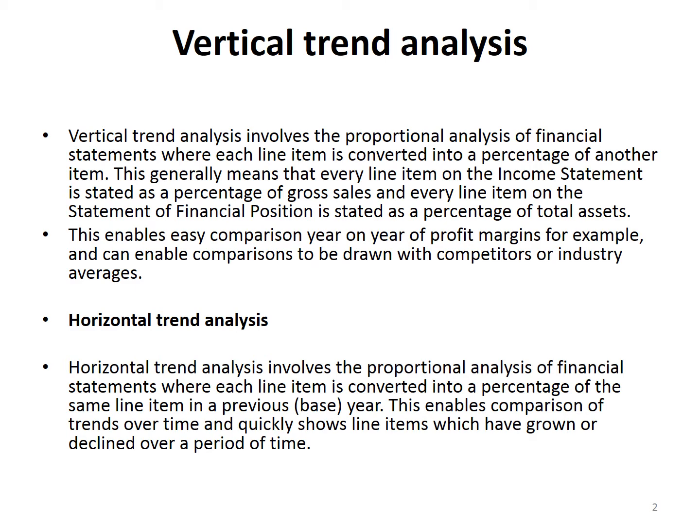So in that, as a percentage of gross revenue, the analyzer will compute what is the percentage of cost of sales, what is the percentage of, let's say, gross profit, what is the percentage of administrative expenditure, what is the percentage of net profit. So example, as a percentage of gross revenue, gross profit will be 25%, net profit will be 15%.